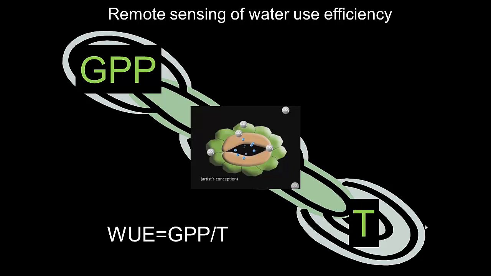So the next application is for estimates of water use efficiency. Terrestrial water use efficiency is the amount of transpiration or evapotranspiration per unit of gross primary production or CO2 uptake. And it is a key property in many areas of plant production and forest management.